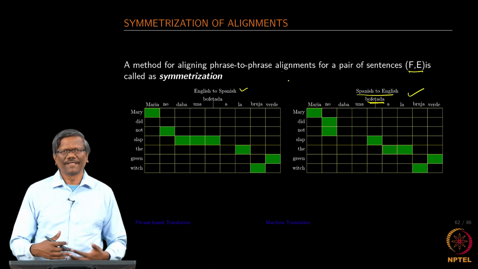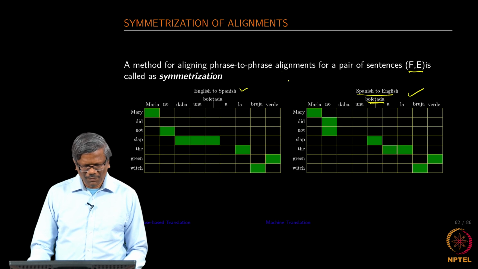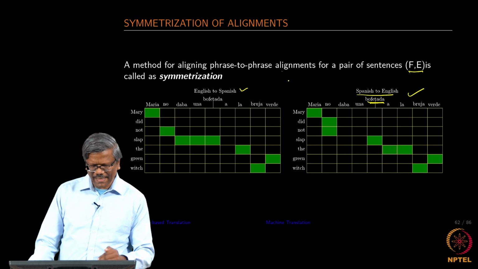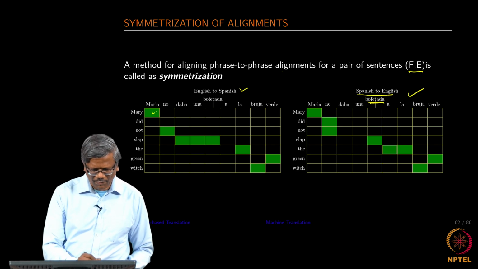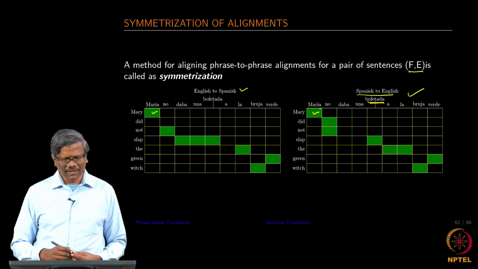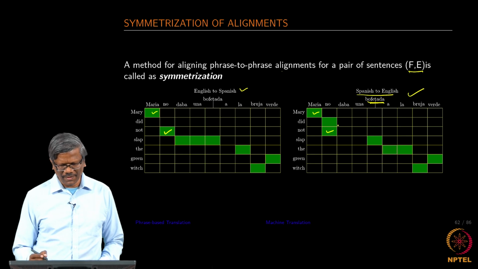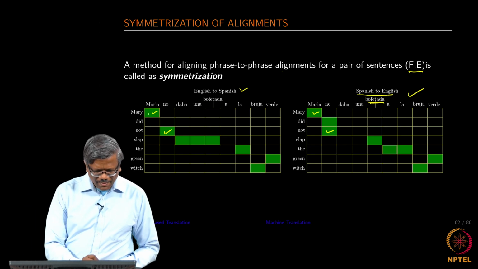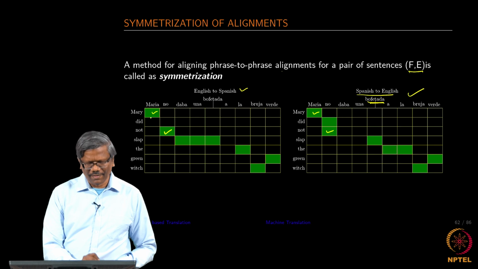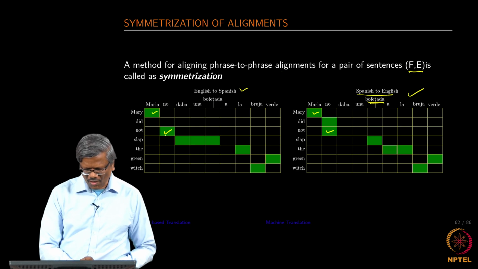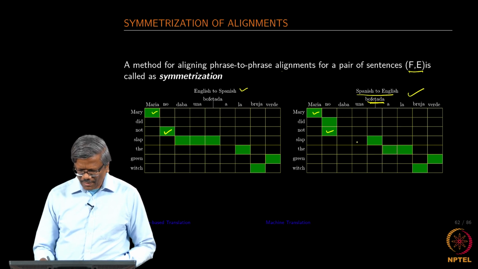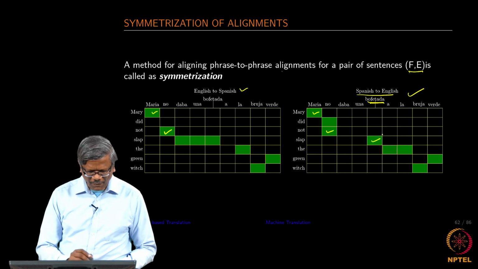How do you take the intersection of this? When you write the alignments, you find out what are the common ones here. These are the words Maria and Mary, and we have no and not, and we have this Spanish word for slap.